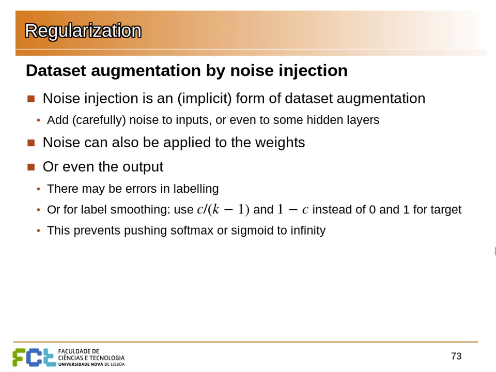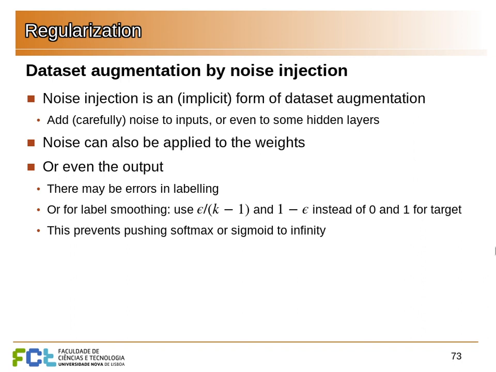And Keras allows you to do this easily because you can put a noise layer anywhere you want in the network. You can also do some changes to the output because there may be errors in your labels. If you're doing classification, you can add noise to the labels, or you can avoid 0 or 1 probabilities.